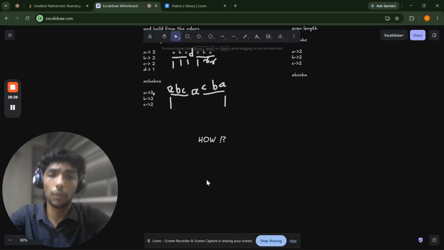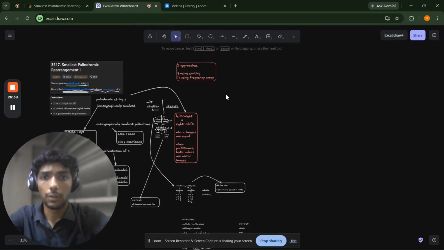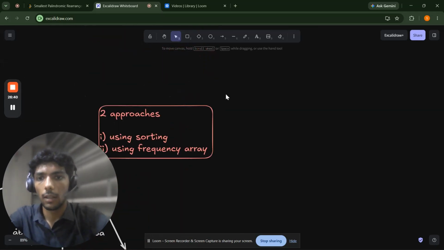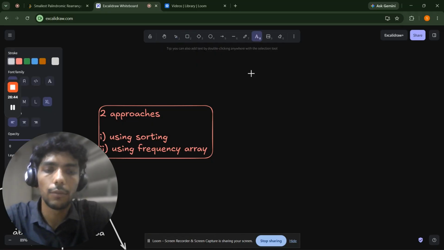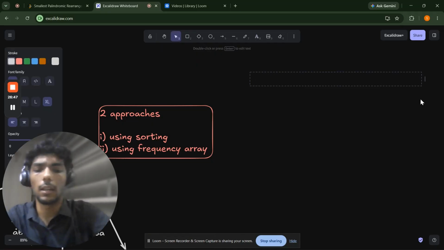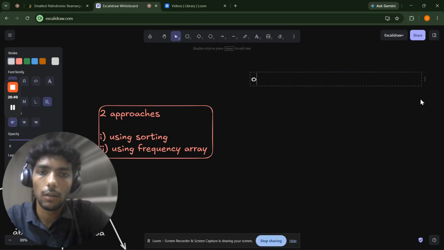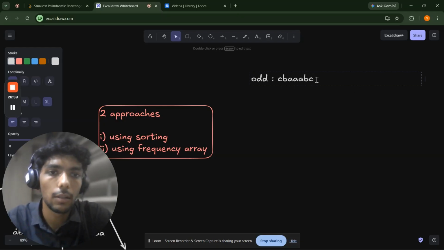So we have two approaches. One is using sorting, and the other is using a frequency array. Suppose we take an odd-length example, C B A A, and so on; its length is 7.